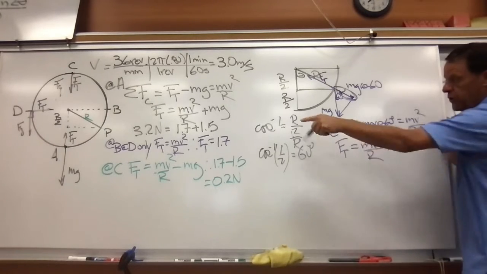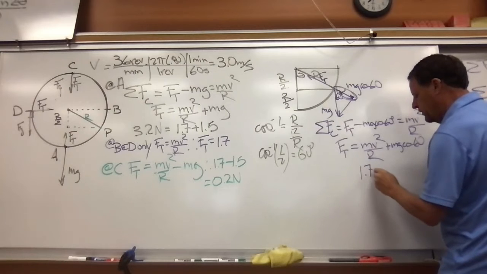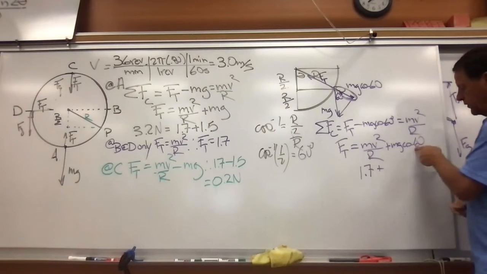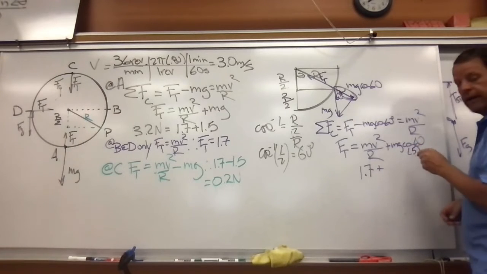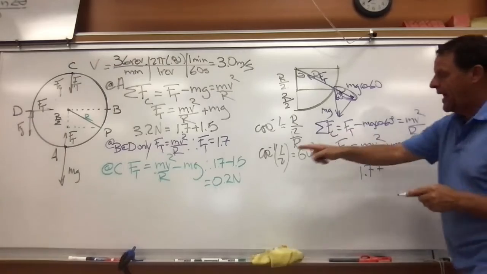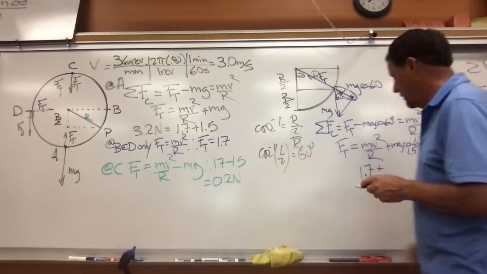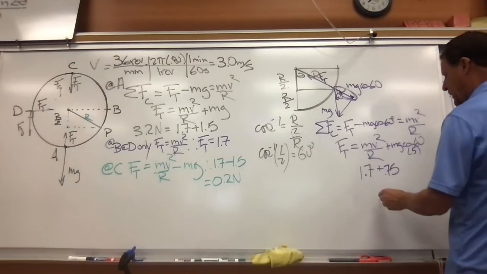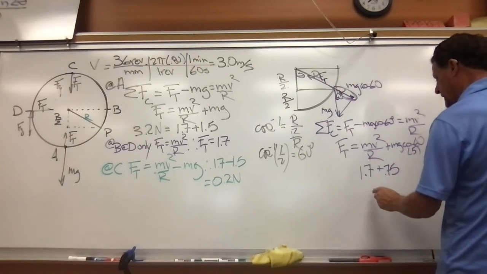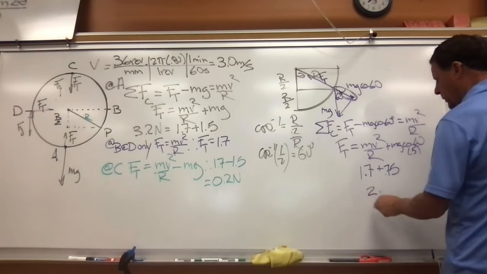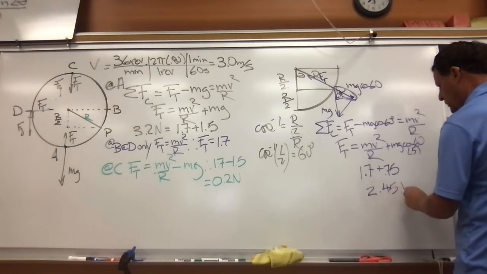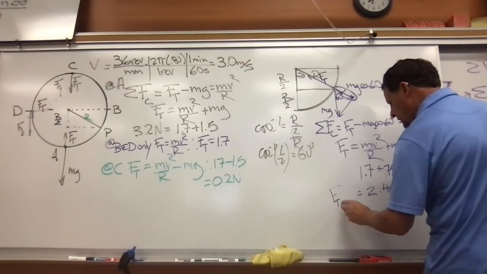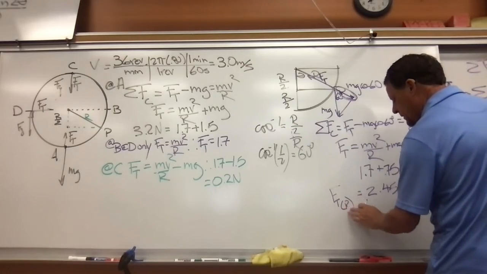We already knew from over here that this is 1.7. And now if we know that the cosine of 60 is 0.5, then half of our 1.5 here would be 0.75. When we add those together, we are going to get 2.45 newtons.